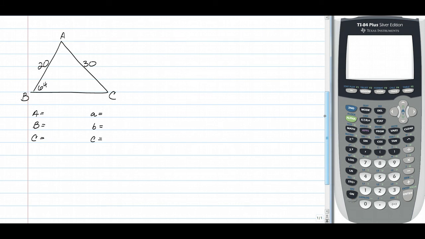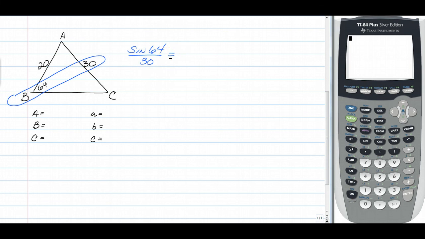So when you're working with the law of sines, the first thing you want to do is look for a big B and a little b, a big A and a little a, and a big C and a little c. But you have to have answers for both. That's why we're going to go with big B and little b, because you must have numbers for both of them. So in this case, we have the sine of 64 over the side that's opposite, which in this case is 30.